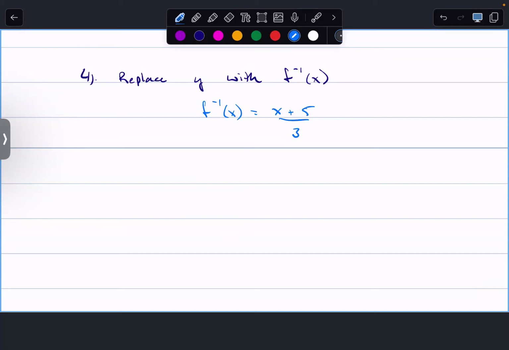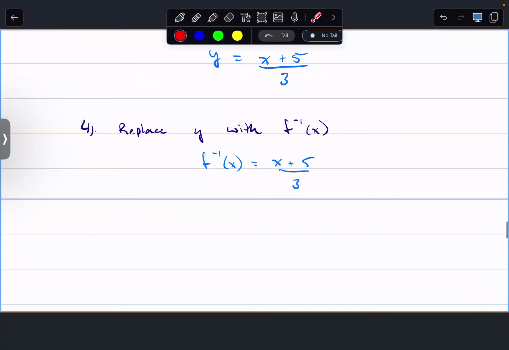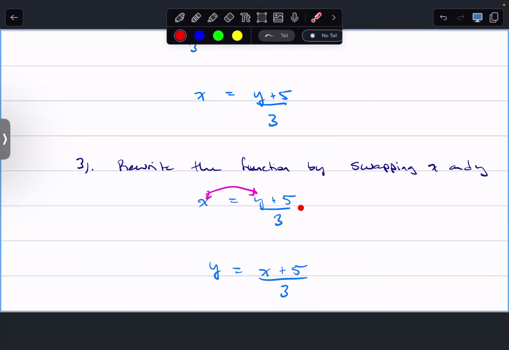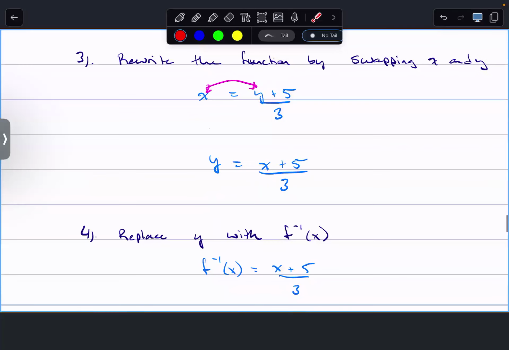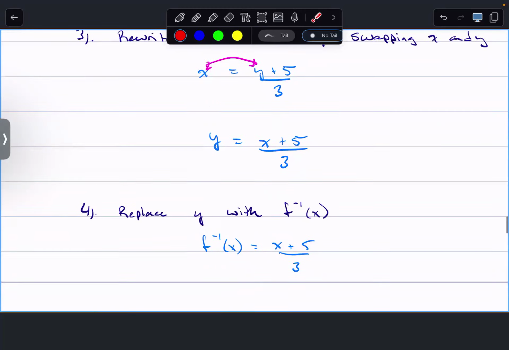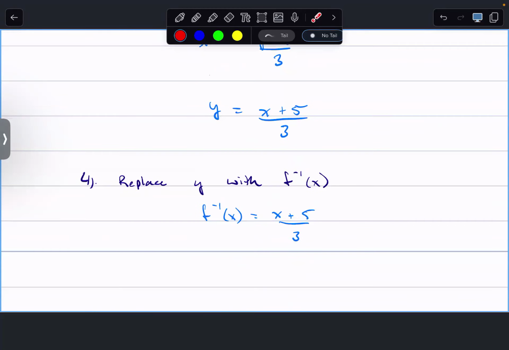That's fair enough. Right, rearrange the function. I find that up to this point is usually fine. And then the motion of switching the variables and then rewriting it as f inverse of x, that's a little tricky in the beginning.